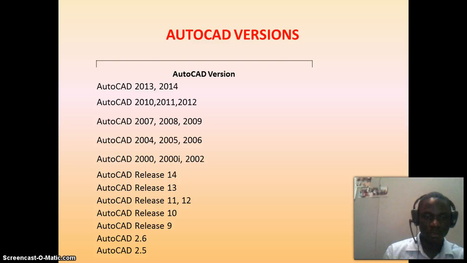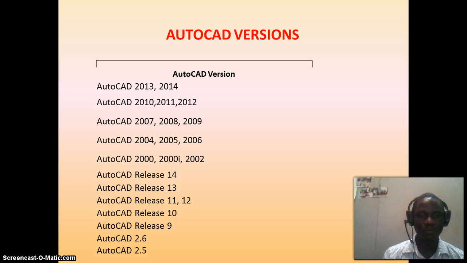But if you start with an older version, for example release 14, version 2000, version 2000i, or version 2002, you will still learn the basics, and you will be able to work with other versions if you get to know the new features in those versions.